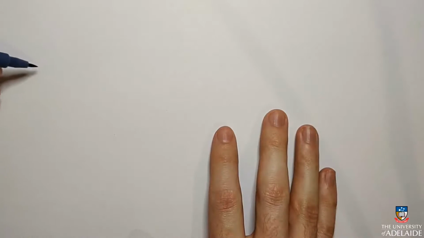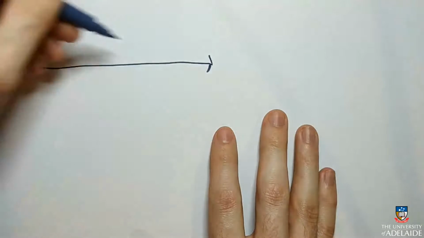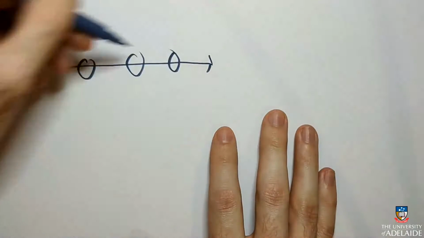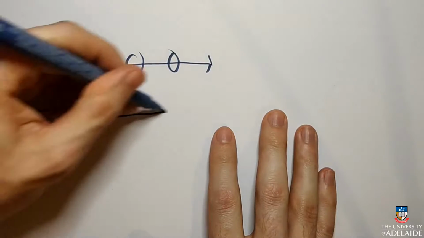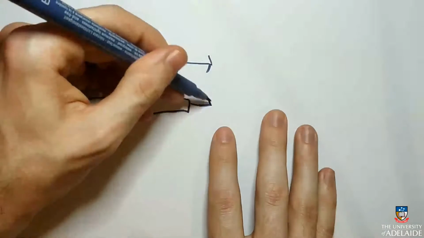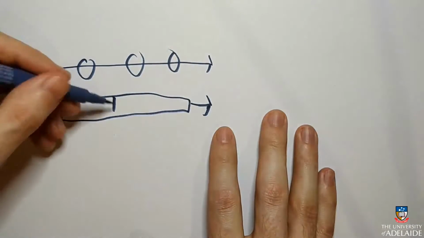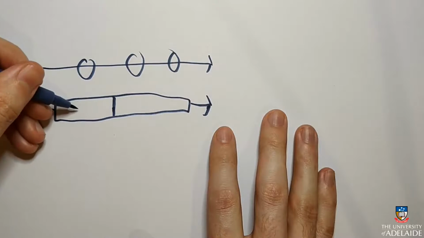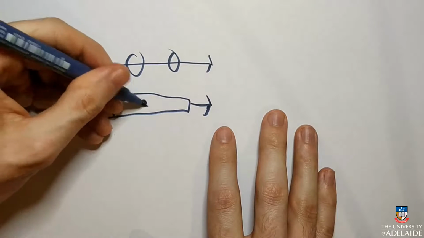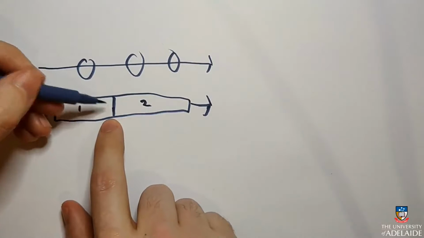The snapshot primitive says that if we have a stream of events like so, and we have a cell like so, and the cell holds a specific value at different points in time, let's say the value here is 1 and the value here is 2, the value changes at this point in time here.